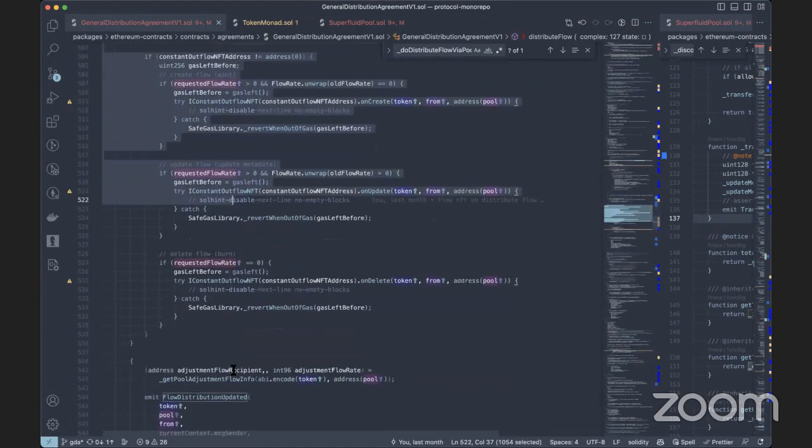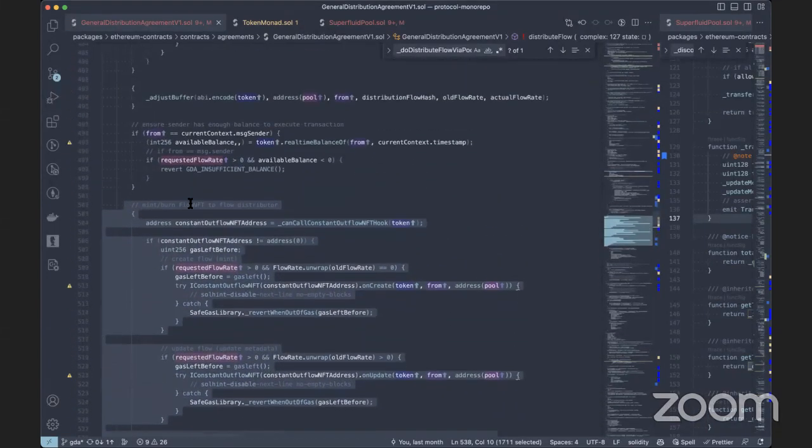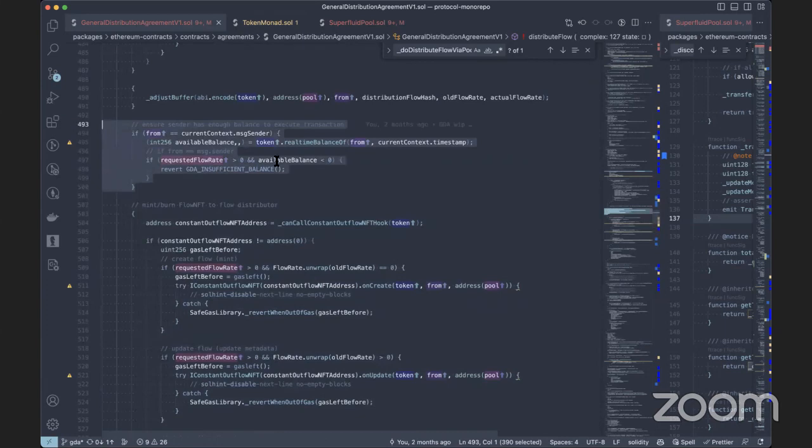And this is the minting and burning of the NFT. Can you go back to this gas check? This one? Yeah. This is to check if the sender has enough balance to execute this transaction. So if you specify too high of a flow rate and you don't have enough buffer to put up, then it should revert.